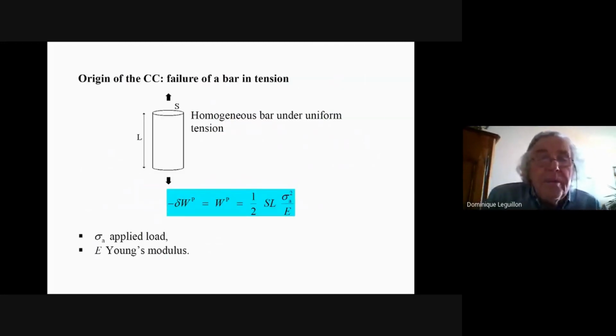Another interesting small test that originates the coupled criterion is the failure of a bar in tension. You have a straight bar like that, and you pull on it, on the two faces. Of course, what happens? The bar fails in two parts.